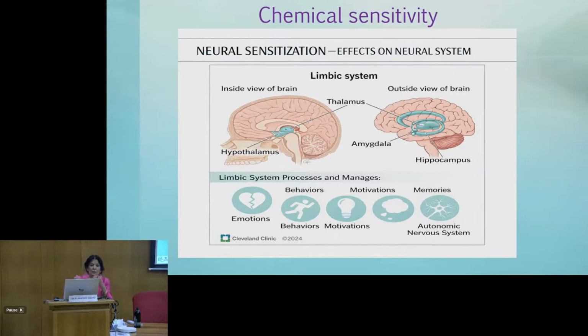And then there is a problem in the executive functioning. The person who was right here, it seems like it's cluttered. And then poor motivation, and the autonomic nervous system becomes completely deranged.